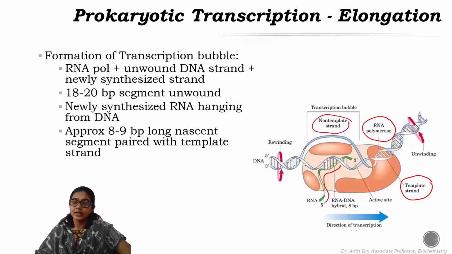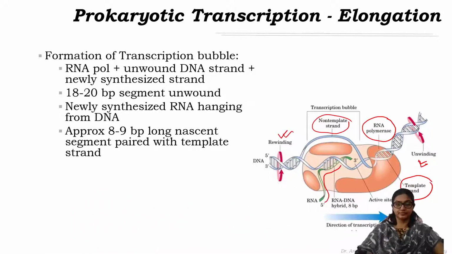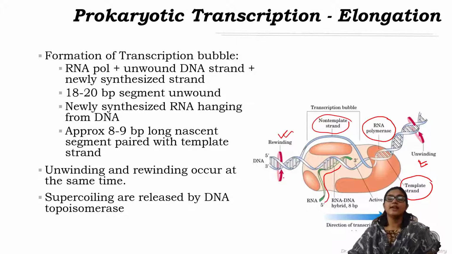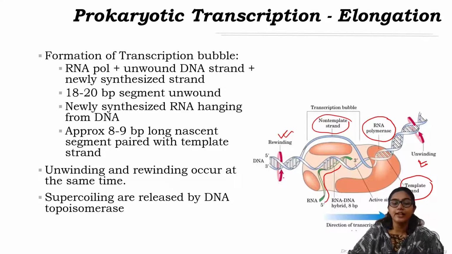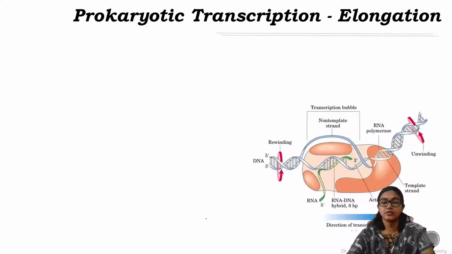And as you can see, unwinding and rewinding goes on in the elongation phase. So, definitely while there is unwinding and rewinding, there is supercoiling as well, and that supercoiling is released by topoisomerase.